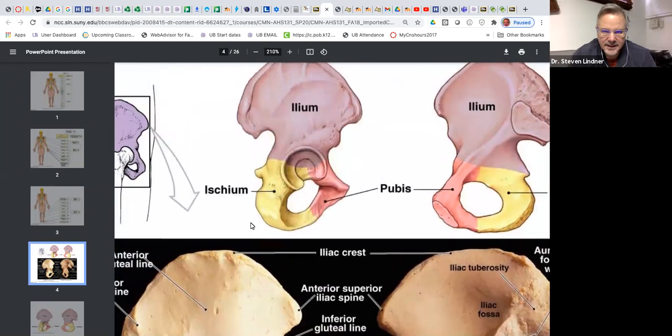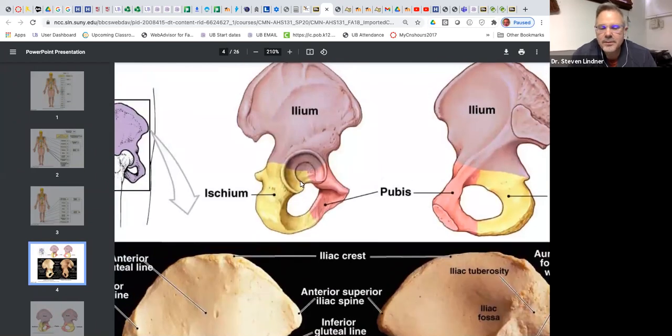That's the ball and socket joint. But it forms from the ankylosing, or the fusion of 3 bones: the ilium, which is the largest, the pubic bone, and the ischium. So those 3 bones embryologically come together, they fuse, they ankylose, right? They stick together. And when they ankylose, they form this bowl in the center called the acetabulum.